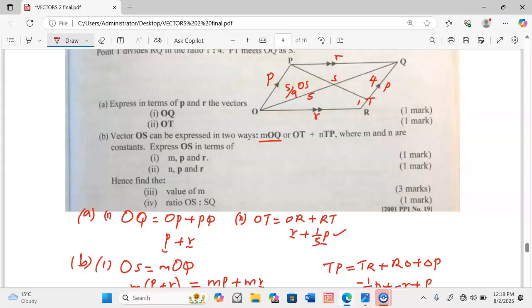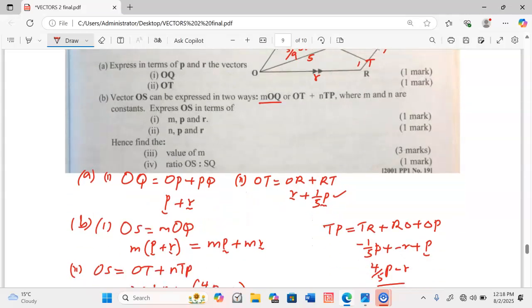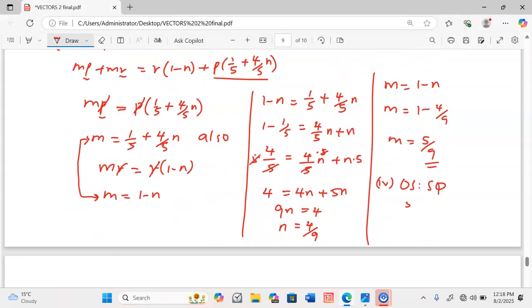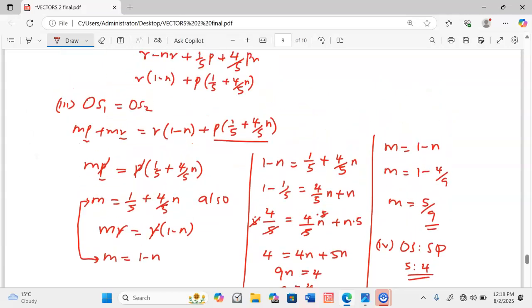Therefore, OS will be 5 and SQ will be 4, meaning the total will be 5 plus 4, which is 9. Therefore, the ratio of OS to SQ will be 5 to 4, and that gives us the answer to this particular question.